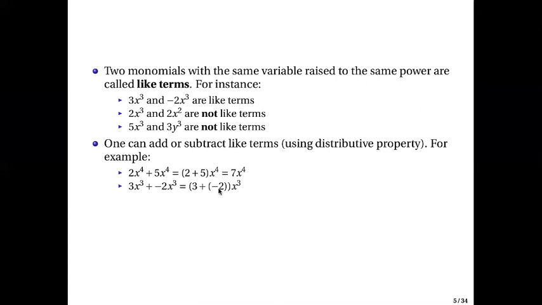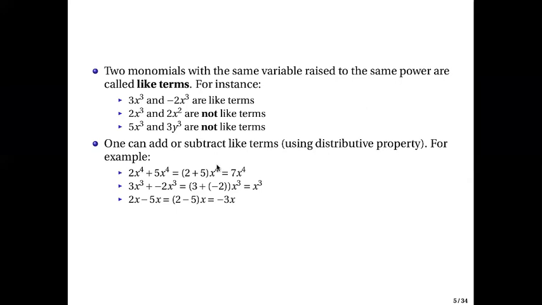So 3 plus negative 2 is just positive 1, and you have 1 times x cubed, or simply x cubed. Another one here, you have 2x minus 5x. So you can just subtract, 2 minus 5, and that's equal to negative 3. And then, of course, don't forget that variable x.